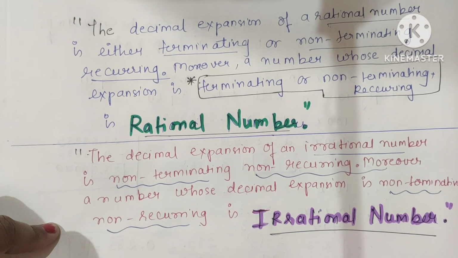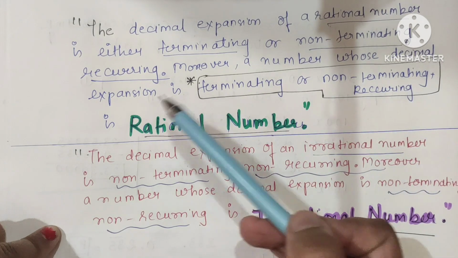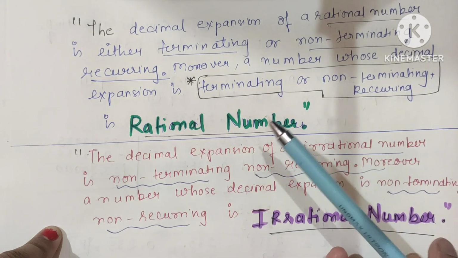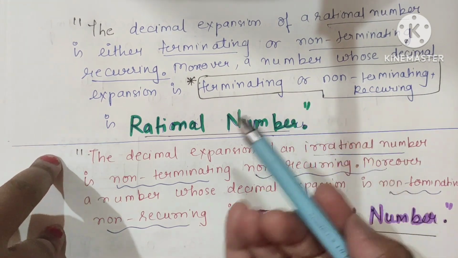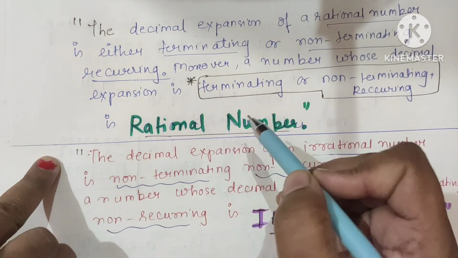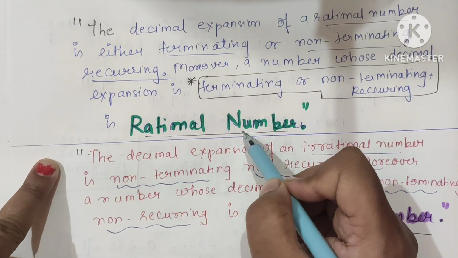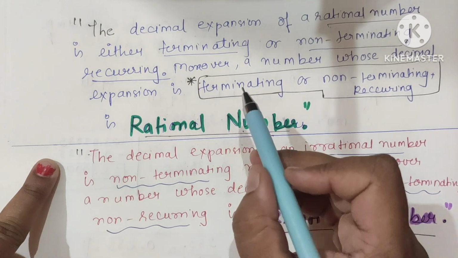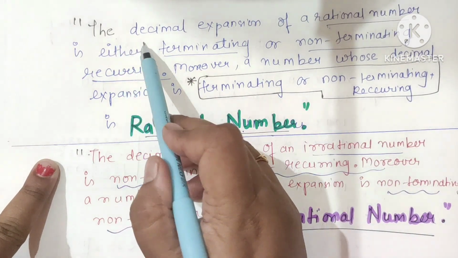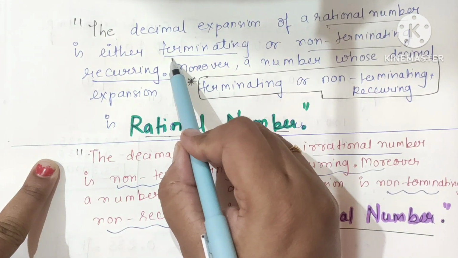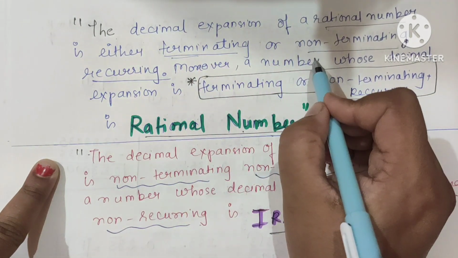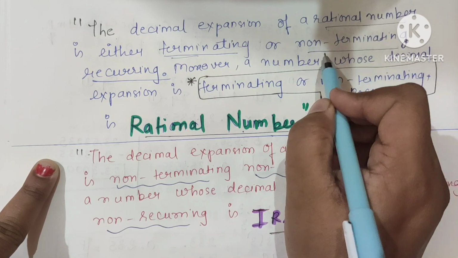Okay, here there are two kinds of numbers, rational and irrational. Now you are going to bifurcate them. You are going to see the definition considering the decimal. The decimal expansion of a rational number is either terminating or non-terminating but recurring.